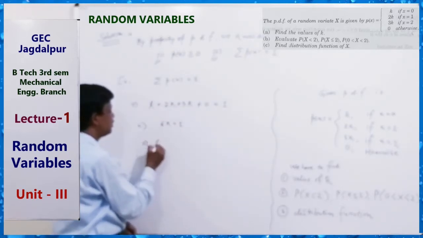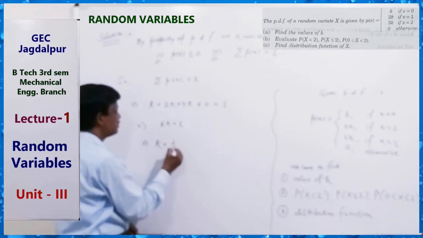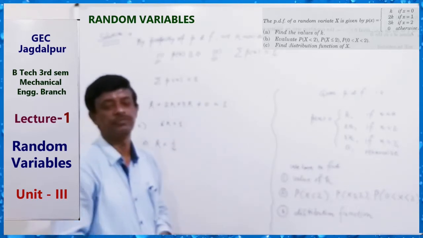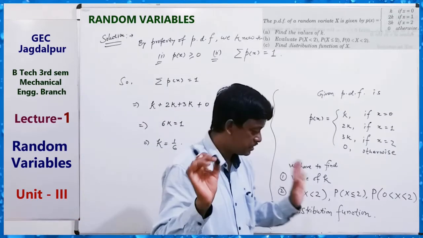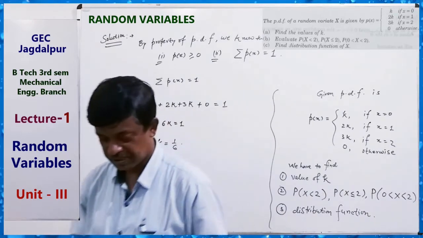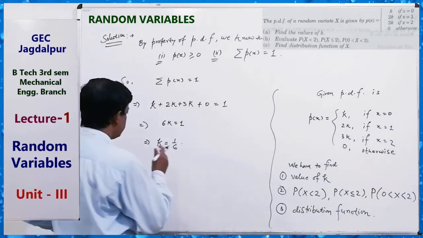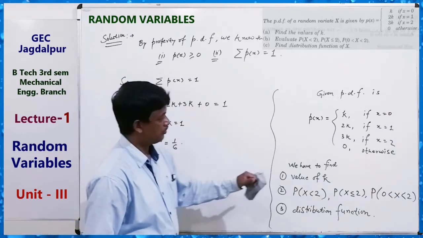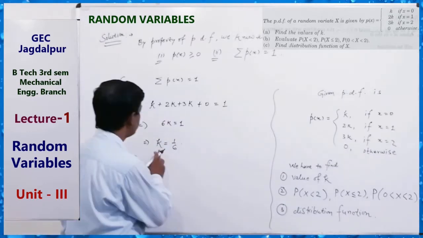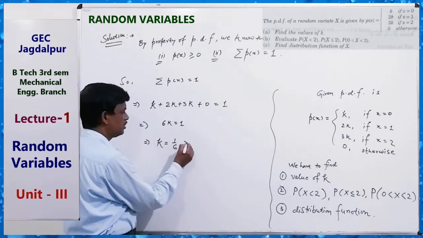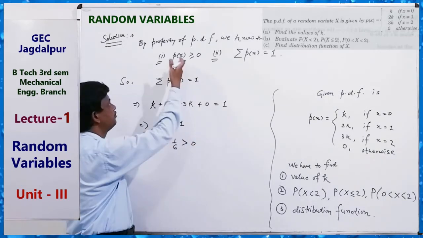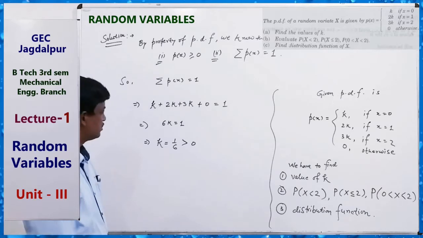So k equals what? 1 by 6. This is the value of k. Clear? So k equals 1 by 6, which is also greater than 0, as we can see.